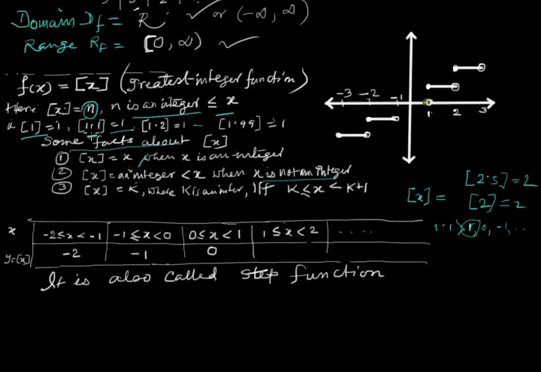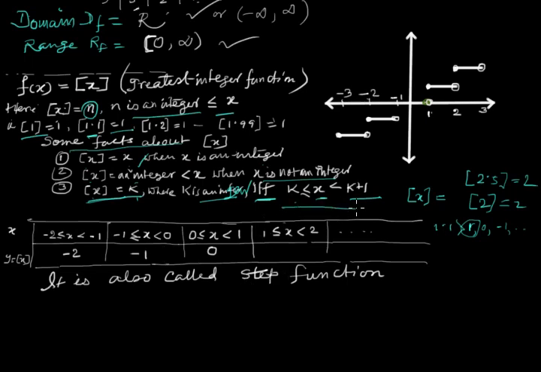In this case 1.1, 1.2, 1.99 will give 1. Box x equals k, where k is an integer, if and only if x lies between k and k plus 1.